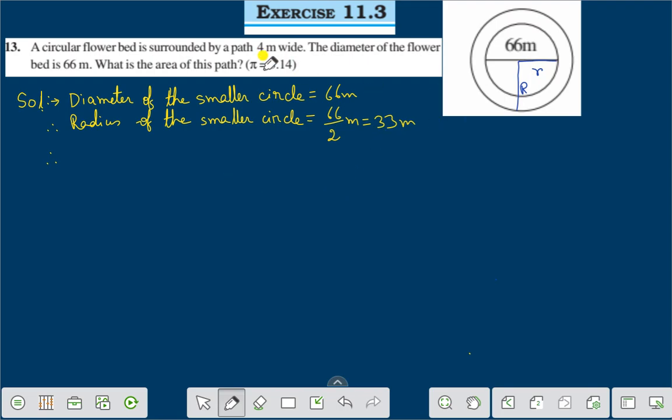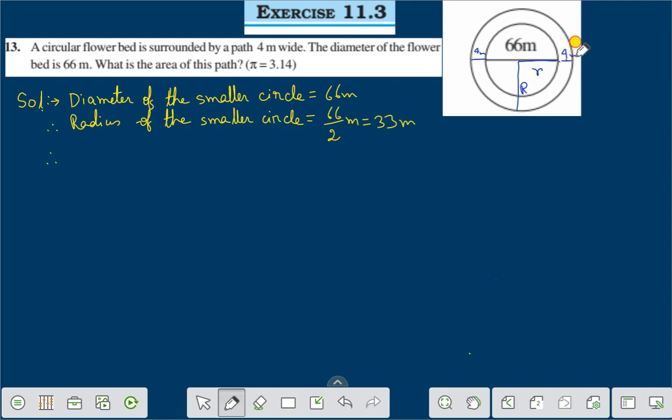Now here you see the path is 4 meter wide. That means here it is 4 meter, here it is 4 meter, and this is also 4 meter.